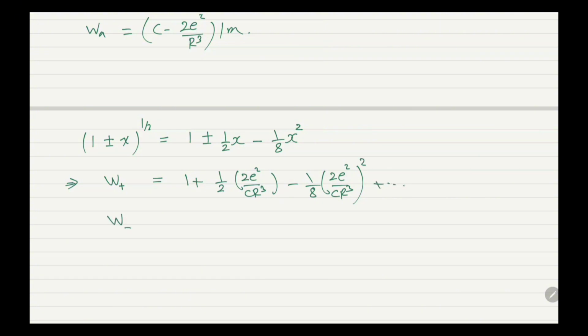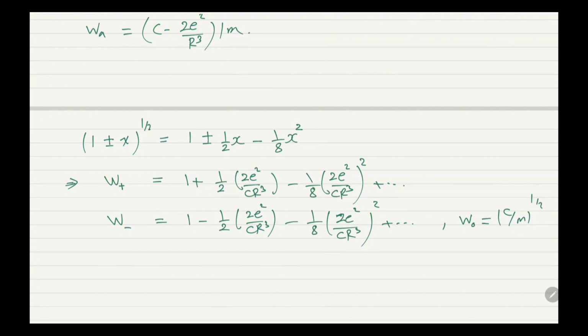And omega minus equals 1 minus half 2e square over cr cube, minus 1 over 8 times 2e square over cr cube squared, and so on. And remember again, omega naught equals c over m to the power half.